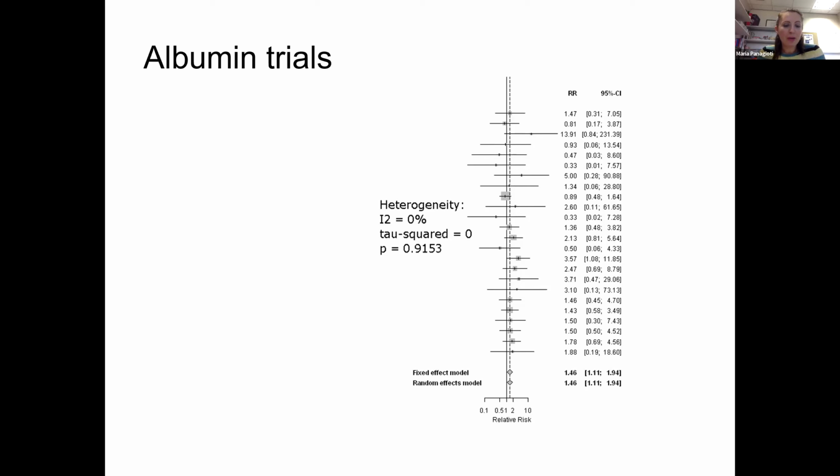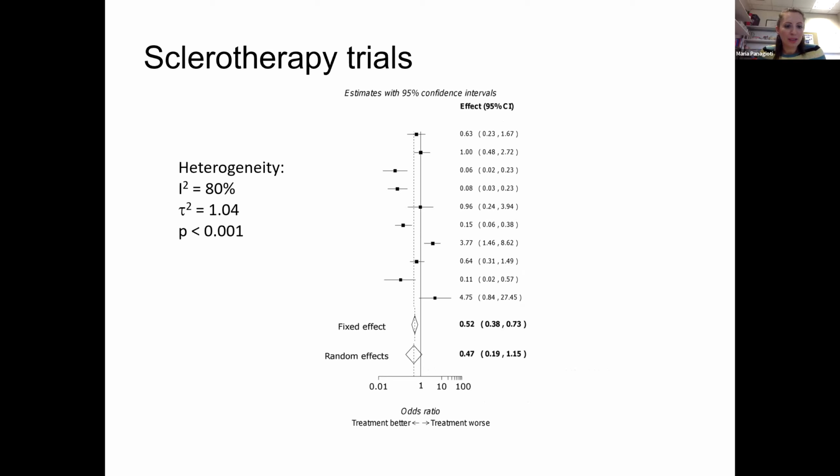However, it doesn't always happen like this. Most of the time, what happens is what we see in this picture. And what we see in this picture is some heterogeneity, actually, not huge heterogeneity. I mean, it's actually large heterogeneity, but when you see the effect sizes, they're still quite similar.